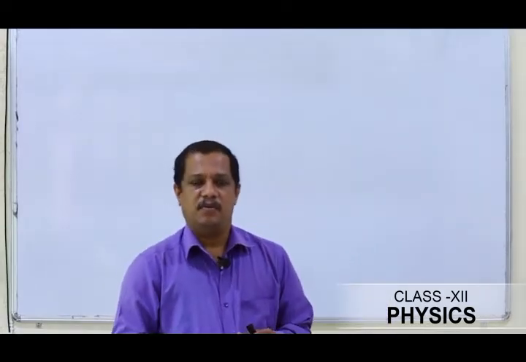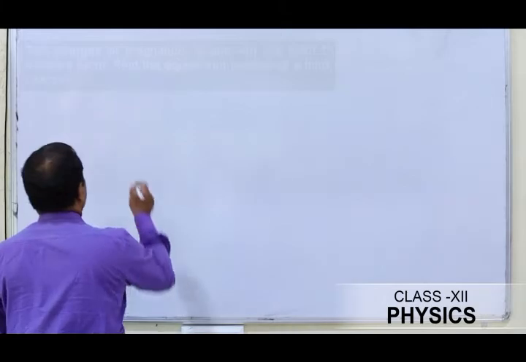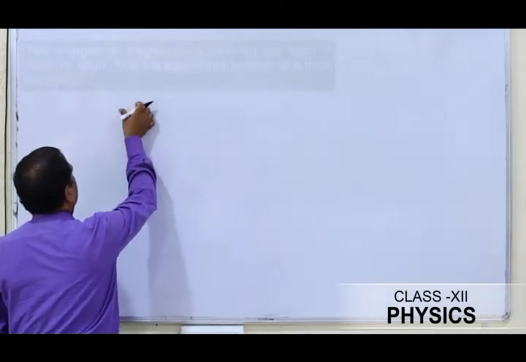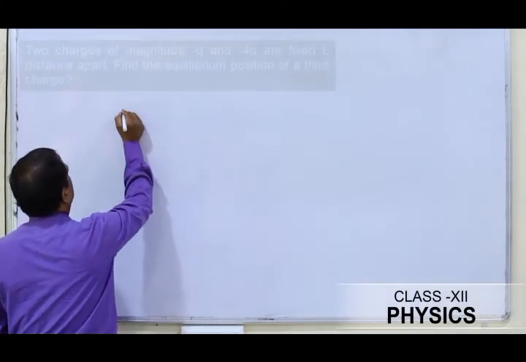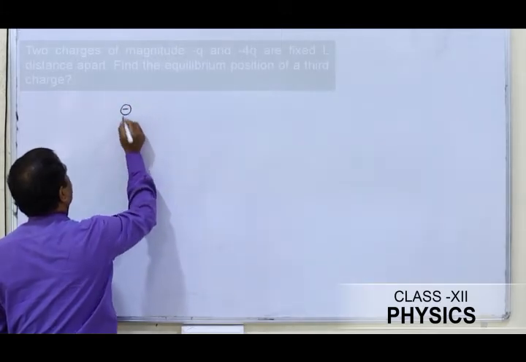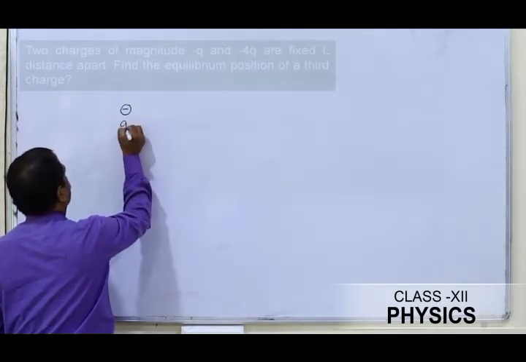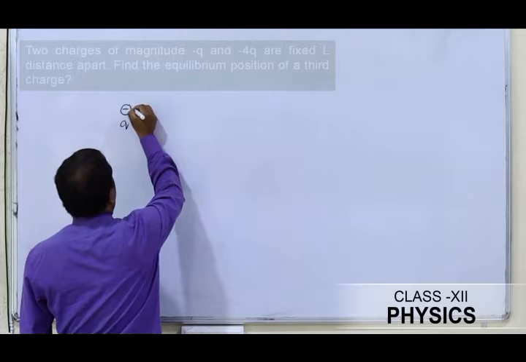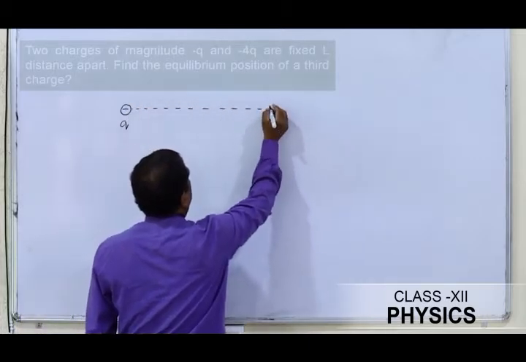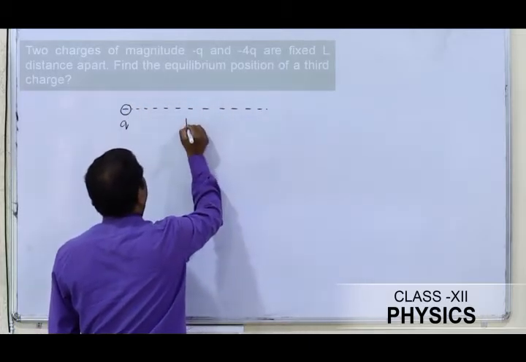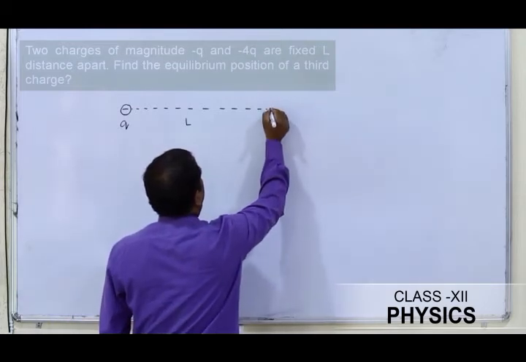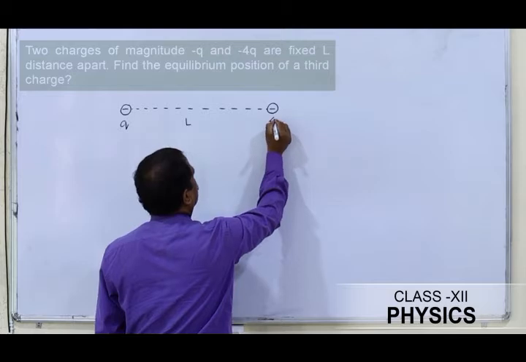Let us move on to the next problem. Suppose I have a negative charge here, this is minus Q, and this charge is separated by a distance of L. And here I have one more negative charge, and the magnitude of this charge is 4Q.